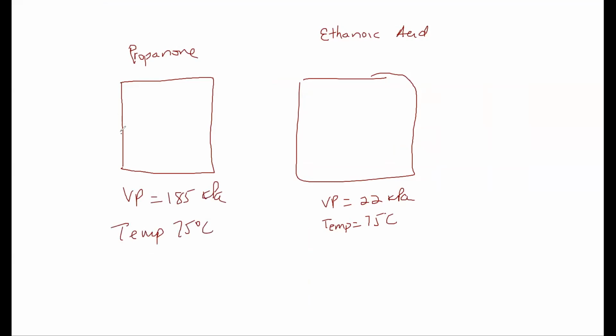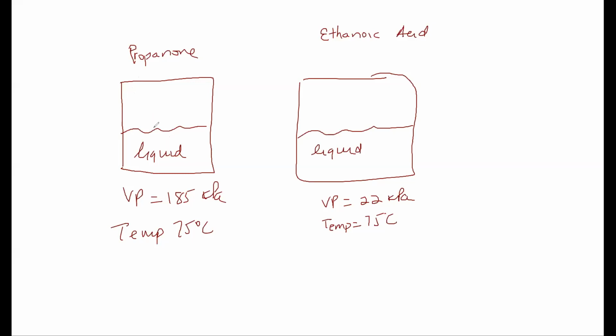Okay, so we say that we have two liquids. One is propanol and the other one is ethanoic acid. Which one has a higher vapor pressure? 185, propanol. Now, what is the vapor pressure? The definition of vapor pressure, you have to go and find it in the orange workbook. It's the pressure of the vapor, the pressure of the gas.